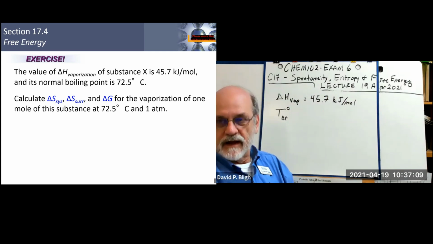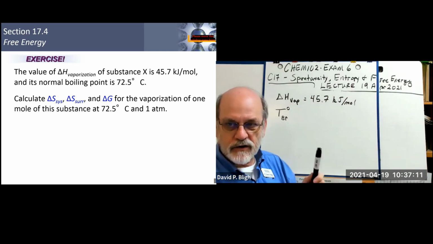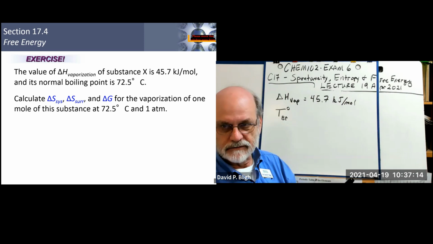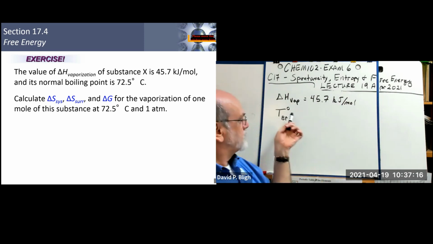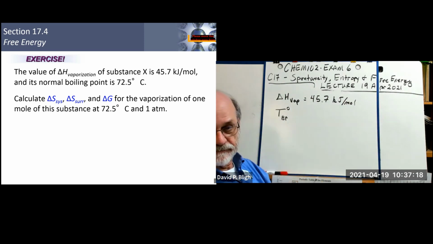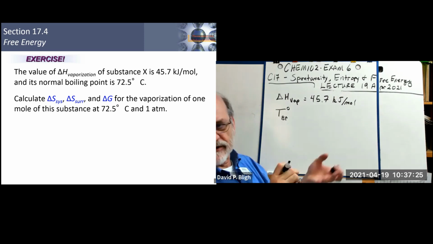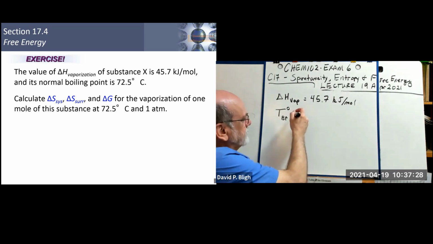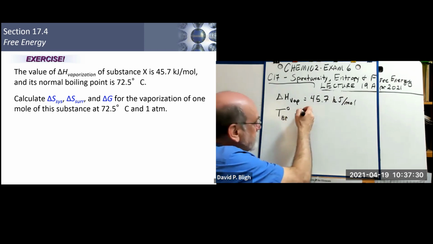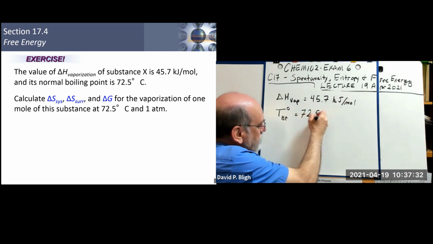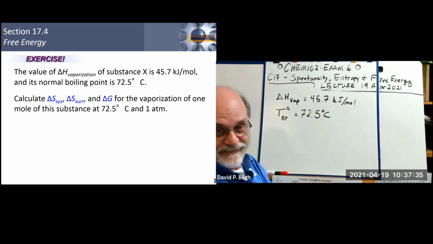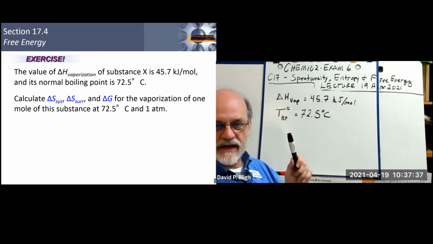What does that mean? Under conditions of standard temperature and pressure. Its normal boiling point, 1 atmosphere pressure, is 72.5 degrees. So there's not standard temperature, there's standard pressure. 72.5 degrees C. Okay?